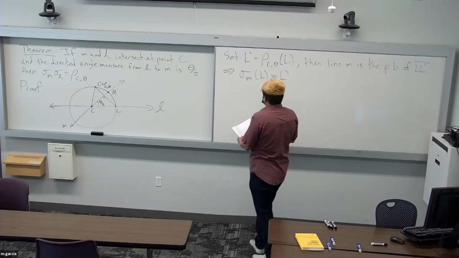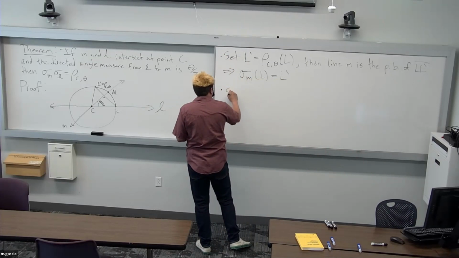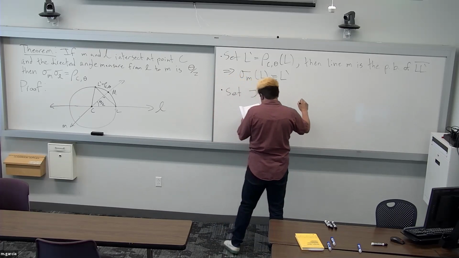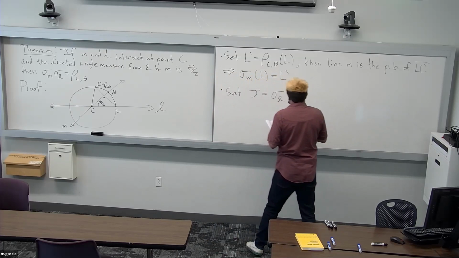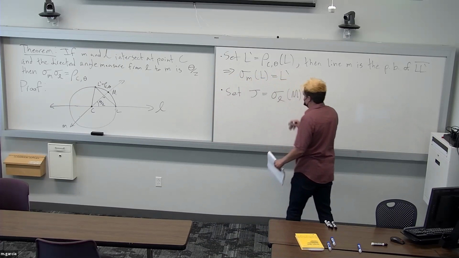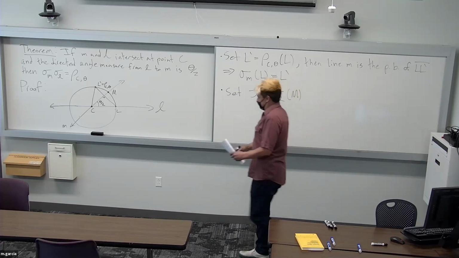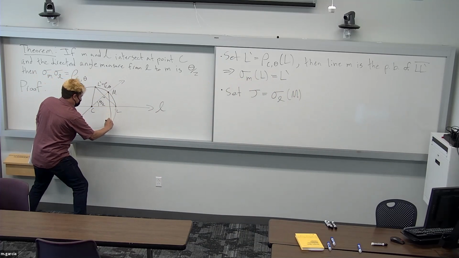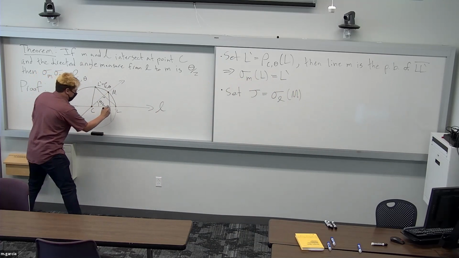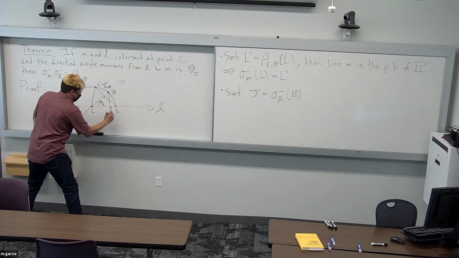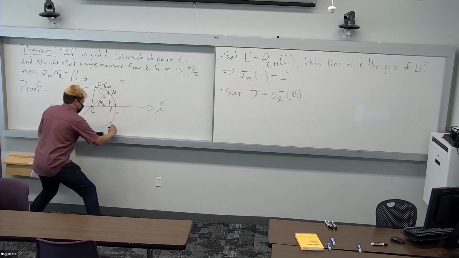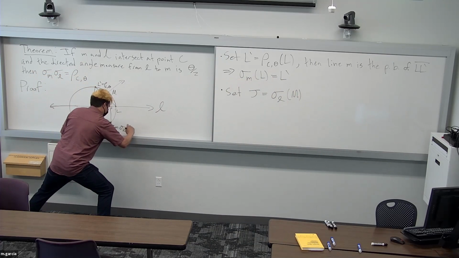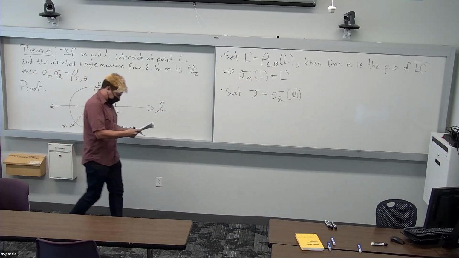So now let's set J equal to the image under the reflection in L of our point M. Okay, so that is to say, we'll take point M and make it so that L is our perpendicular bisector. J equal to sigma sub L of M. Okay?